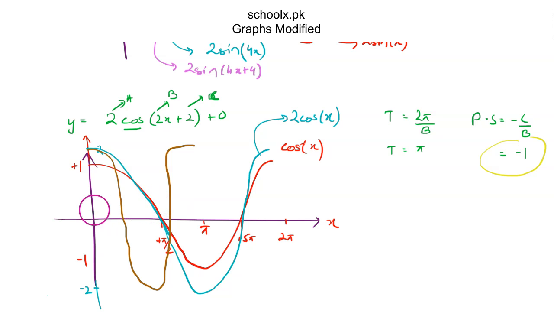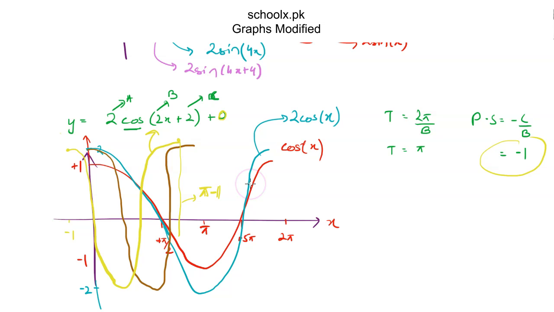It will be just shifted 1 unit to the left of 0. So this point right here will be pi minus 1 because it shifted 1 unit to the left. That's it. This yellow curve is your graph of y equals 2 cos 2x plus 2 plus 0. Right? This is plus 0 and it is out of the bracket.